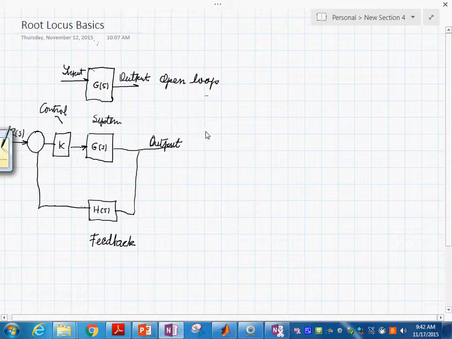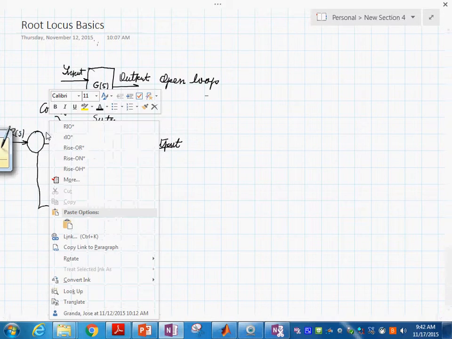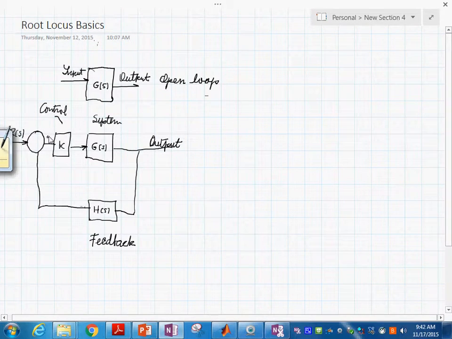So we could say that the output that you see in here is, first of all, let's call it error. I'm going to write the letter E for error here.